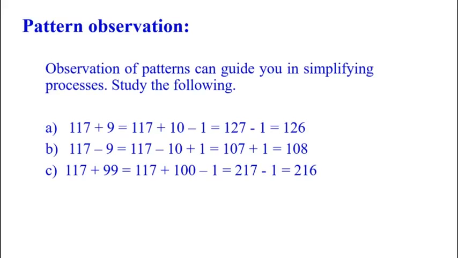That is equal to 217 minus 1 is equal to 216. Then 117 minus 99 is equal to 117 minus 100 plus 1 is equal to 17 plus 1, that is equal to 18.